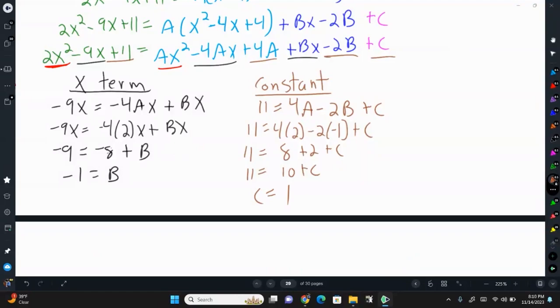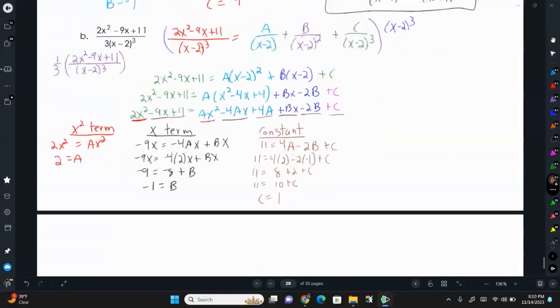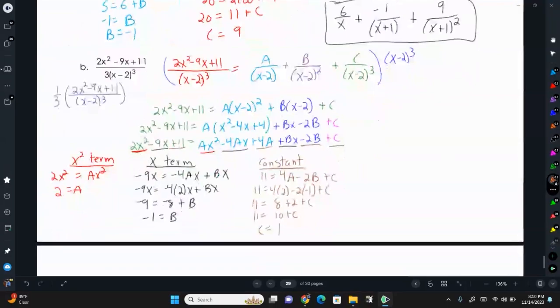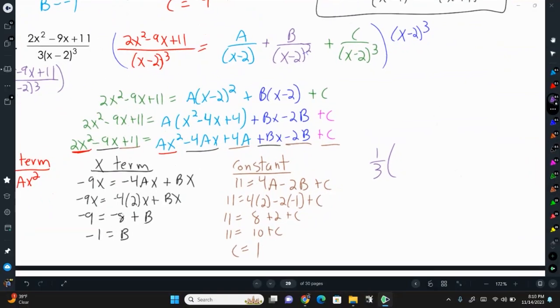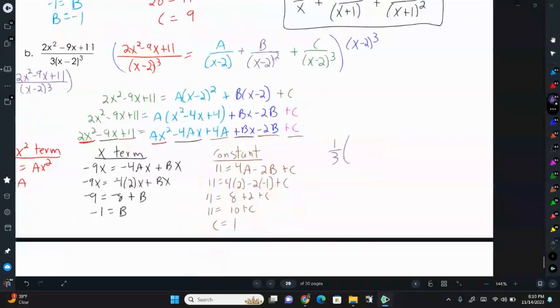So we have our A, B, and C's now. And at the very beginning of the problem, we factored out that 1/3. So our final answer needs to have that 1/3 factored out. And we have A value, which was 2.